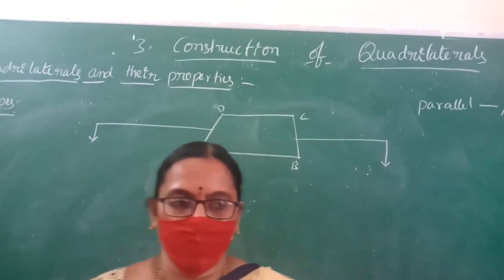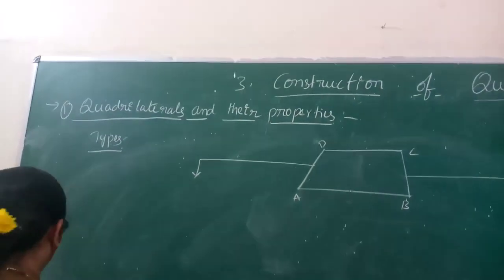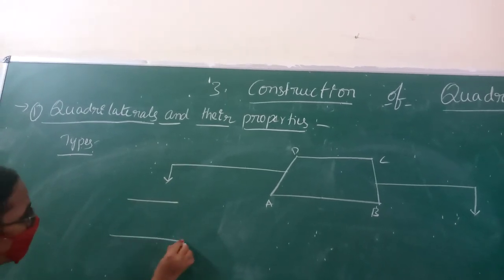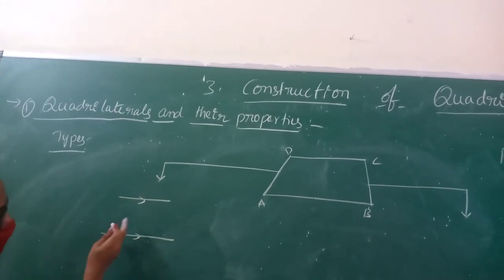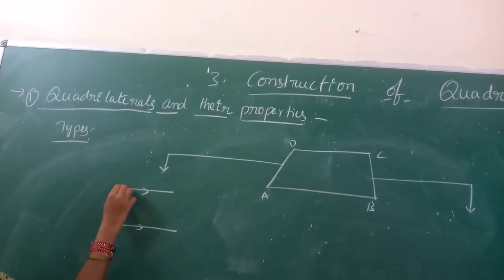The positions of you and the mobile are parallel to each other. Now, one pair of opposite sides are parallel. For the representation, like this.